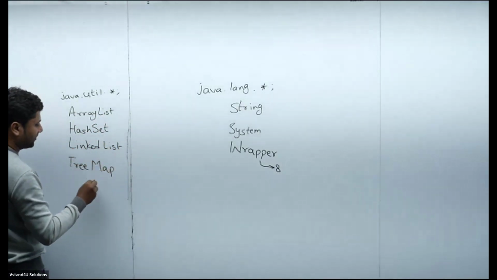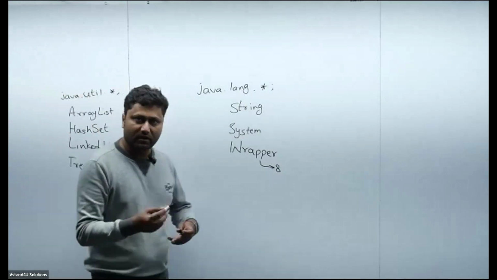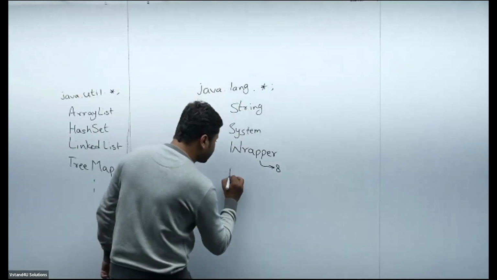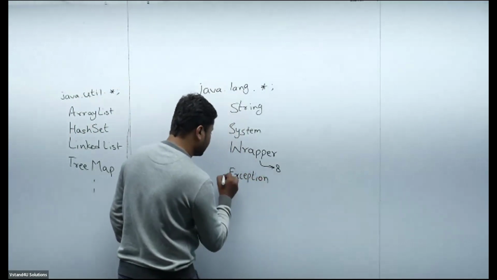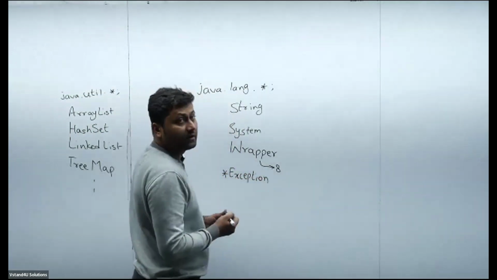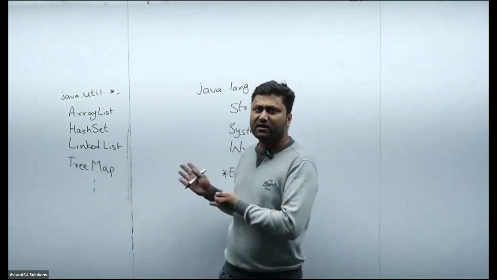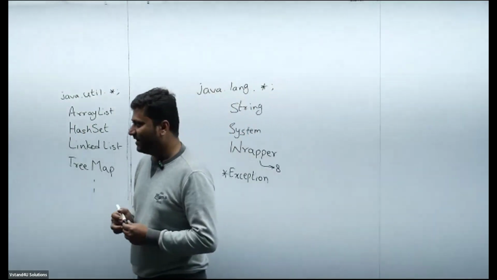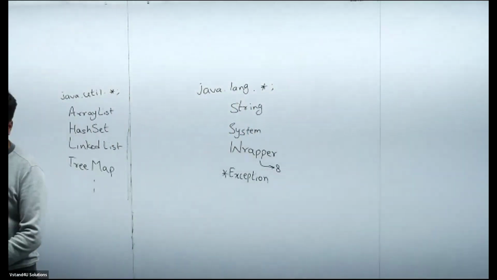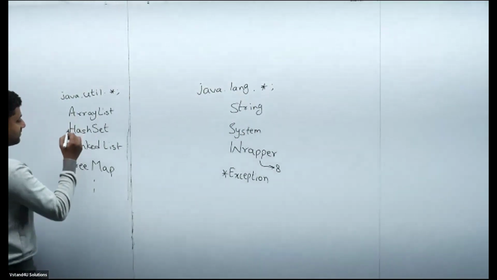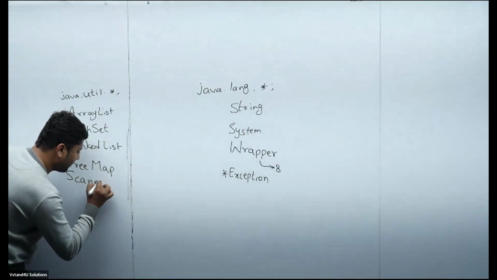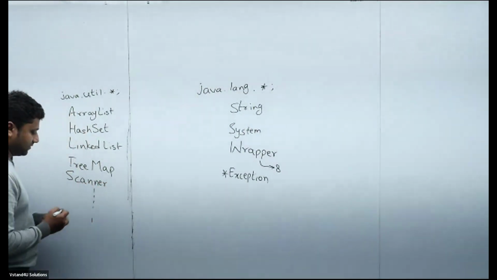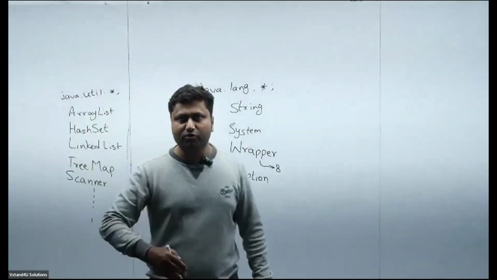I am not getting into the details of all that. Even all the exception classes are also there. Hope you remember all the exception classes: ArithmeticException, NullPointerException. Everything is coming from where? Right? Scanner is coming from util. Very good, madam has pointed out a very nice point. Of course, we have learnt about it. Done. Now, shall I move forward?